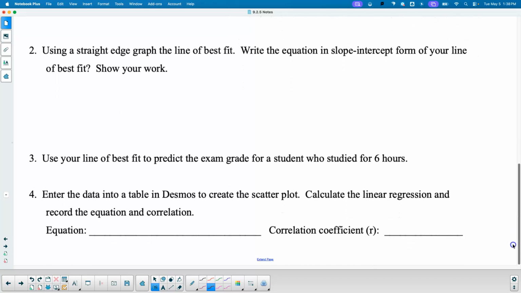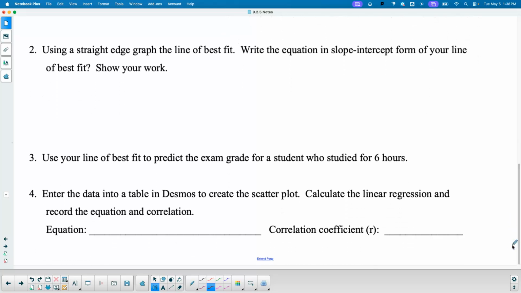Then you're going to use that to predict. Then you're going to put your data in Desmos and then do that. Okay? I need to see here in number 2 your work to find your line of best fit. Otherwise, I'm not giving you any points on this homework. Okay? If you're just using Desmos, you're not doing everything that you can do by yourself.